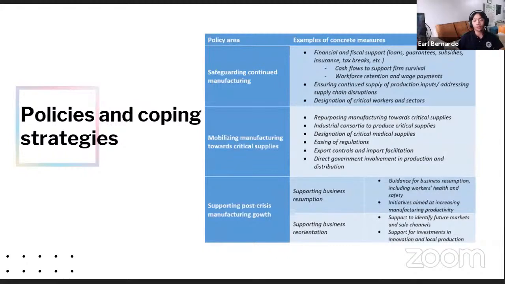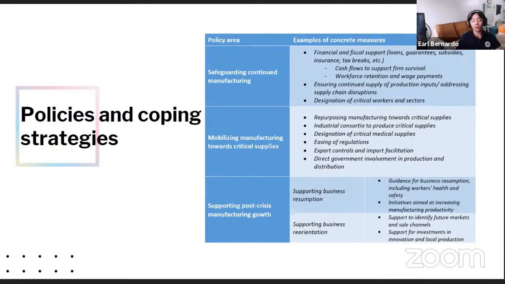So for the current international policies and measures to support manufacturing, ito yung mga na-apply na currently ng mga different countries. So yung policy areas ay yung safeguarding continued manufacturing, mobilizing manufacturing towards critical supplies, and supporting post-crisis manufacturing growth. Dito rin pumapasok yung mga measures, especially dun sa safeguarding continued manufacturing.